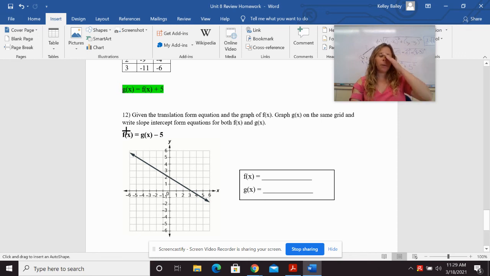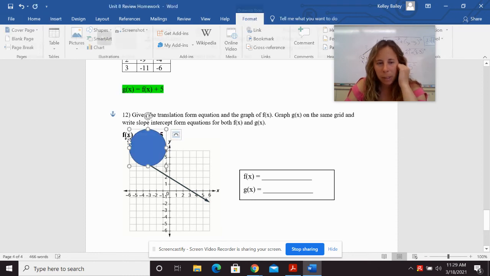Oh, that's not how I wanted to write that. Okay, well, let me think if I want to do that. I don't. I'm going to change this one too.